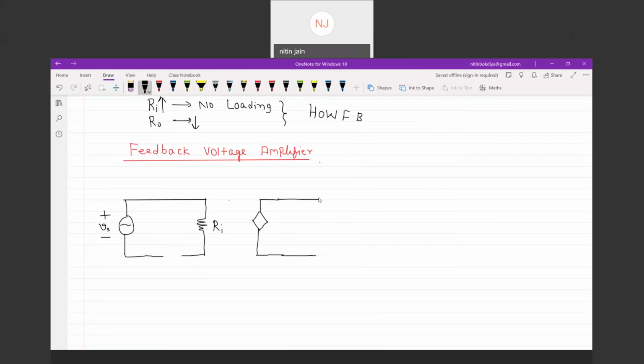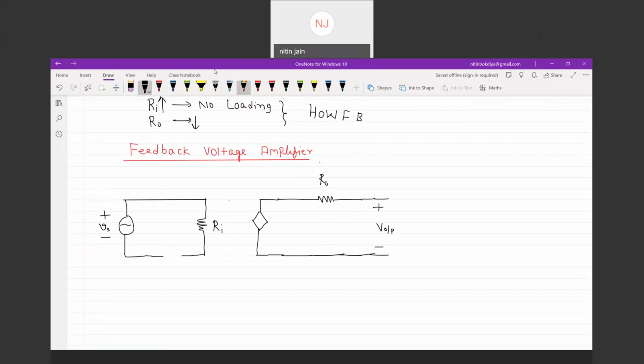This is RO. And this is the amplifier without feedback. Now what I am doing, I am taking feedback from this.